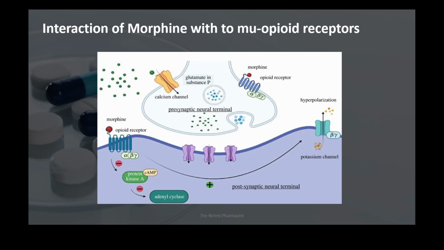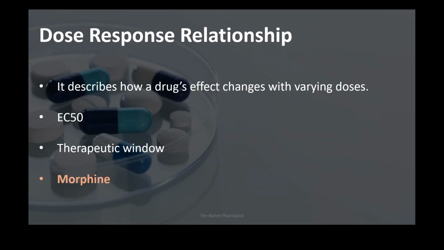The dose-response relationship is another fundamental principle. It describes how a drug's effect changes with varying doses. The EC50, or the effective concentration for 50% of the maximal effect, is used to assess potency, while the therapeutic window defines the safe and effective dose range. For example, morphine has a potent analgesic effect at moderate doses, but higher doses significantly increase the risk of respiratory depression.